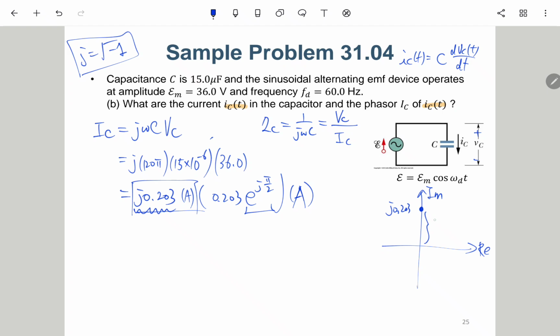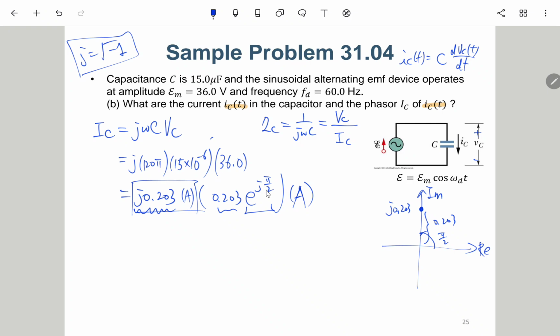The distance here is 0.203, and this angle is pi over 2, 90 degrees. This is the angle from the x-axis to this point, and this is the magnitude, the absolute value of the complex number.